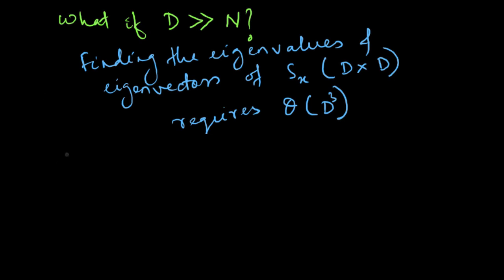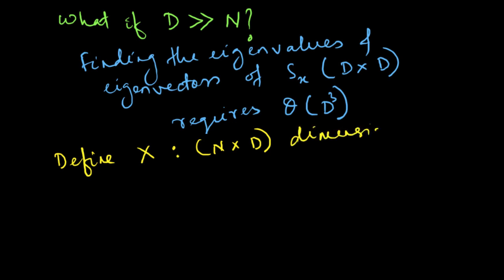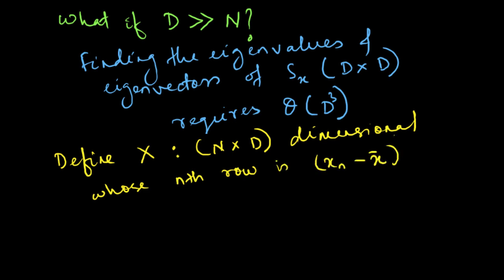So now let us define a new matrix, capital X, which is a capital N cross capital D dimensional matrix whose nth row is given by xn minus x bar transpose.